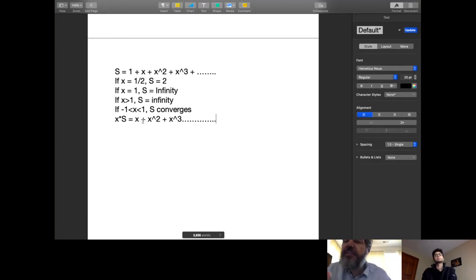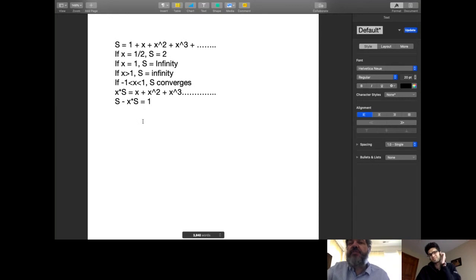So exactly as in his case, we get those numbers. In his case, he had 1/2, 1/4, and so on. So let's do the same thing that he did. Let's subtract. S minus x times S is equal to, and now we see that it's exactly 1, because we have an x, but we subtract an x. We have an x squared, we subtract an x squared, and so on.